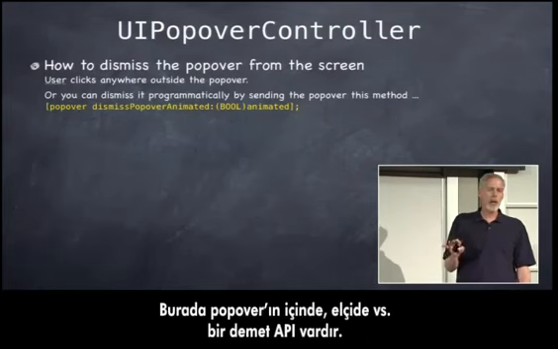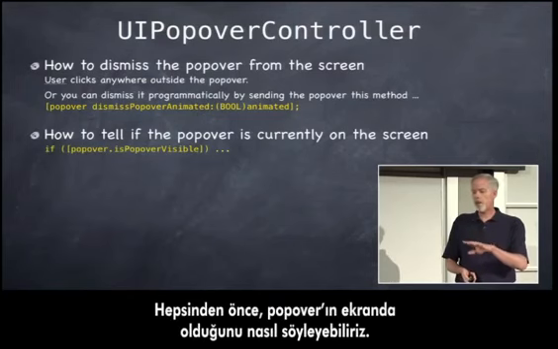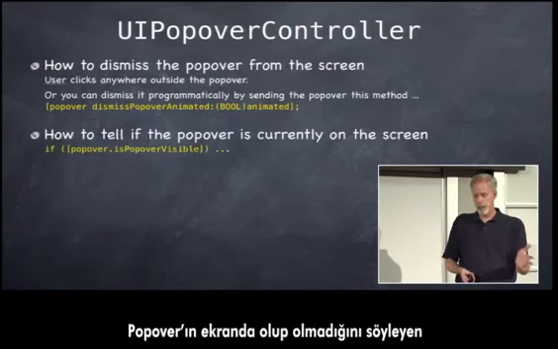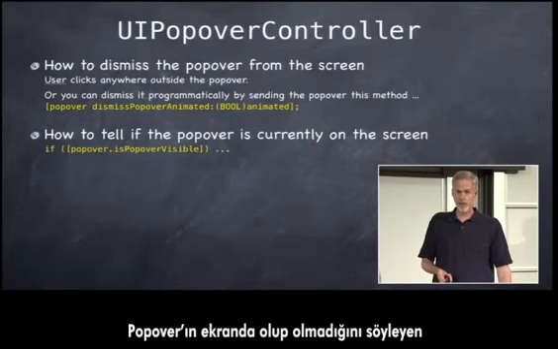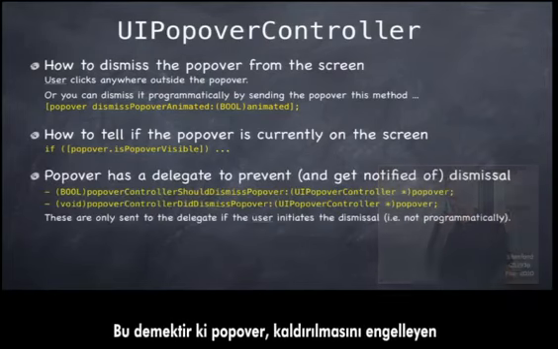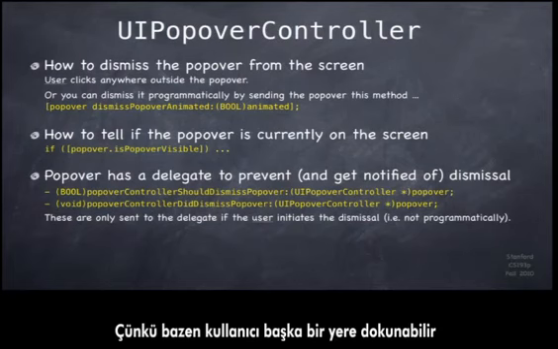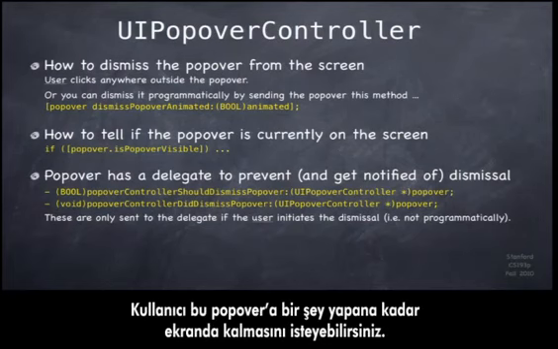There's a bunch of API in popover, in the delegate, etc. Well, we'll get to that in a second. First of all, how do we tell if the popover is on screen? It's got a property called is popover visible, and that'll tell you whether the popover is on screen. This is what I was saying. The popover has a delegate to prevent and get notified of dismissal. So sometimes the user might touch somewhere and you don't want it to go away. You want that popover to stay up until the user does something in that popover.